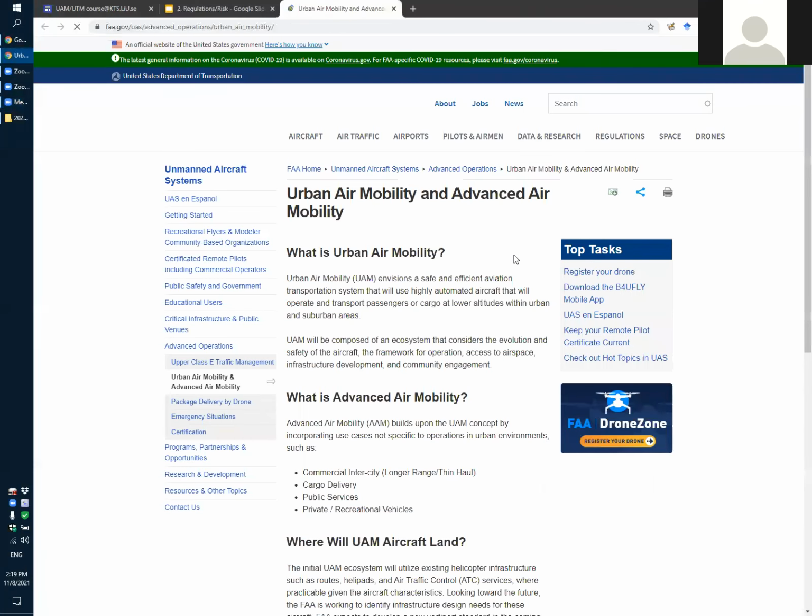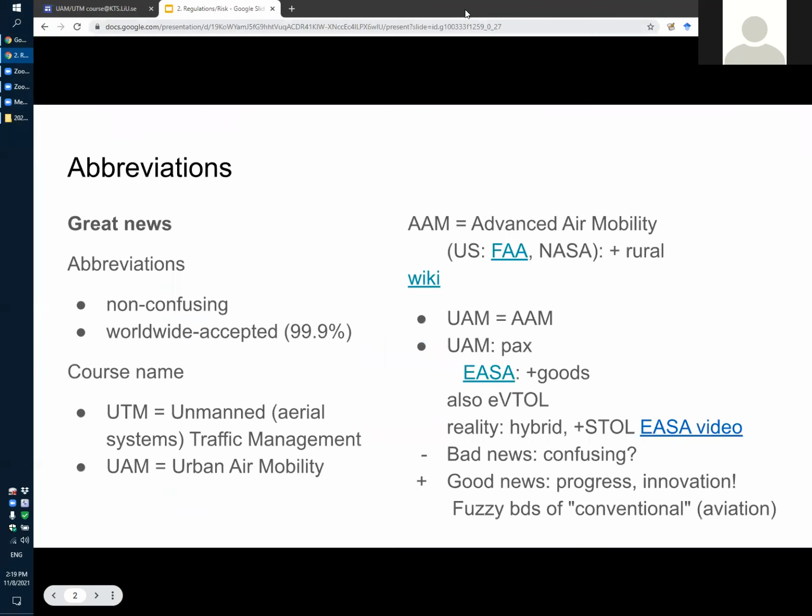And if you look at the definition from the FAA, it speaks about urban and suburban areas, so maybe not that much rural, but again, there is a separate, really important and interesting question of how to classify the areas into urban, suburban, and rural. There are OECD definitions. If you want to delve into that, I can give you a full set of documents and algorithms and stuff like that. And maybe teach a separate lecture, but not within this course.